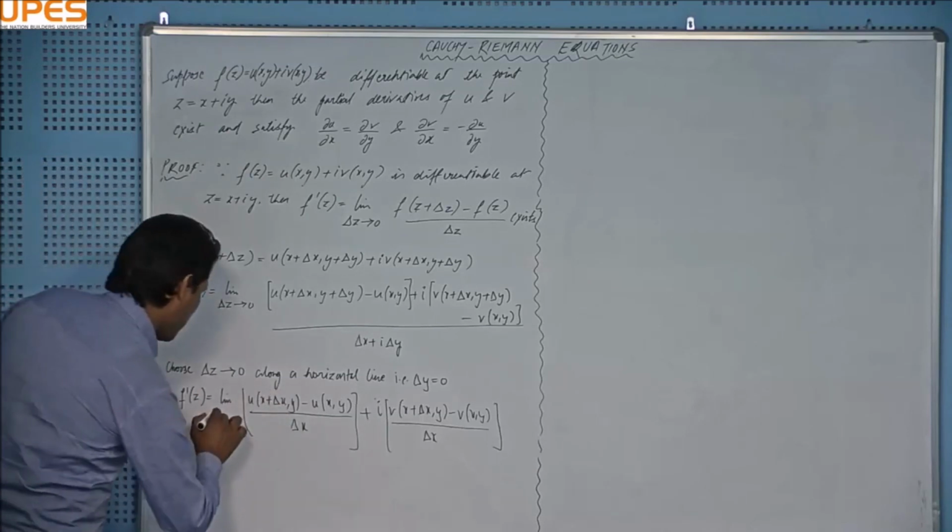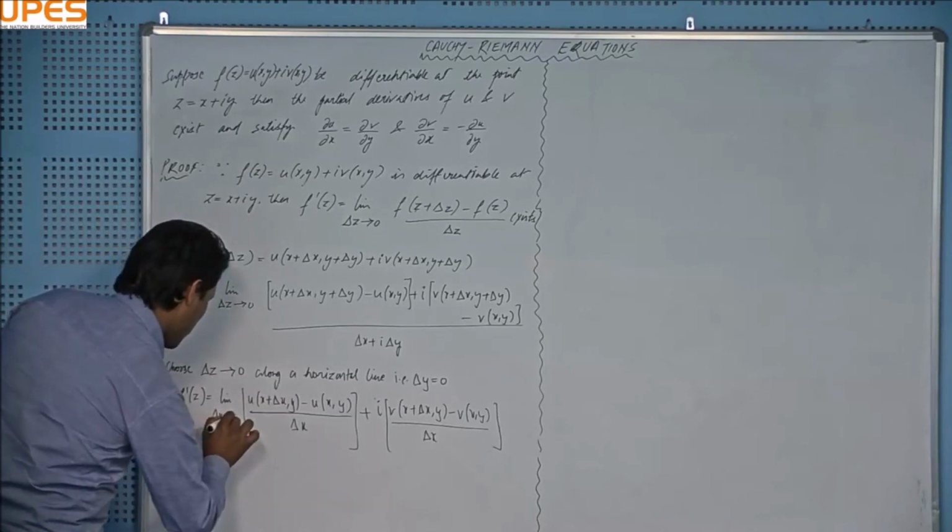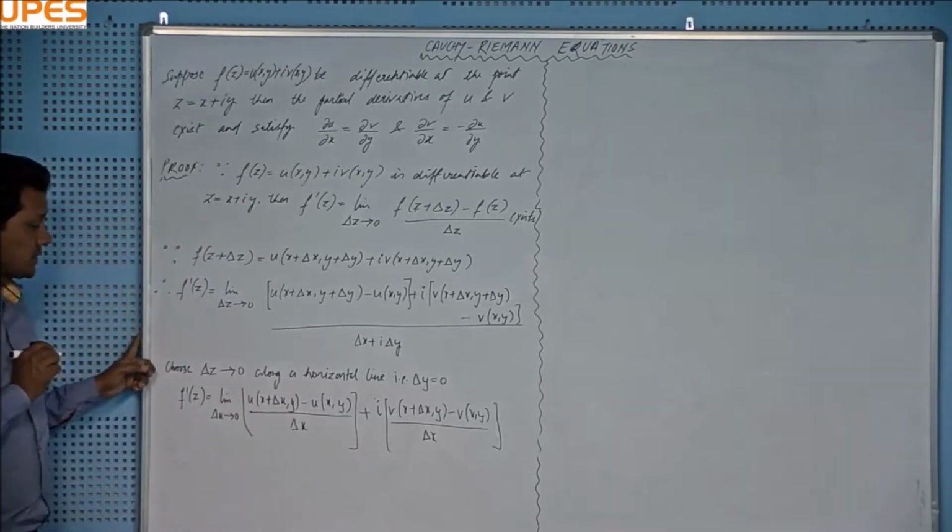And we have x here, so limit delta x tends to 0, right?